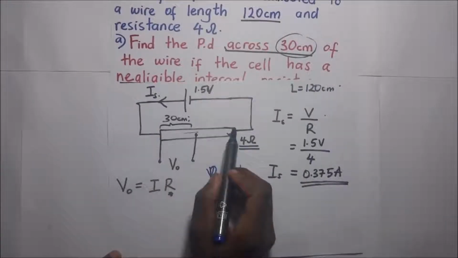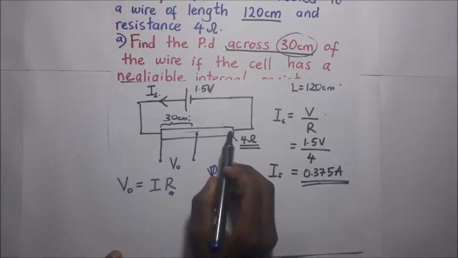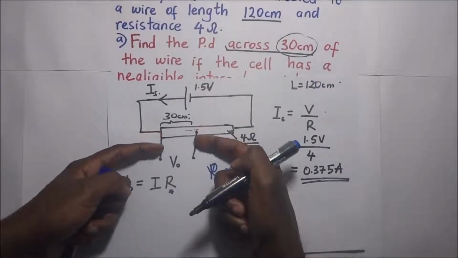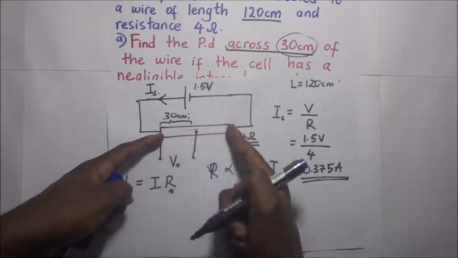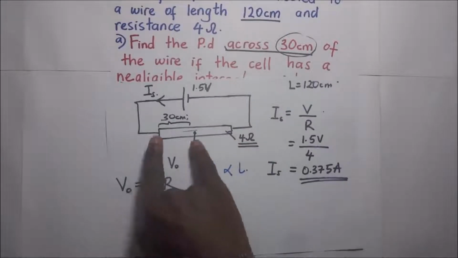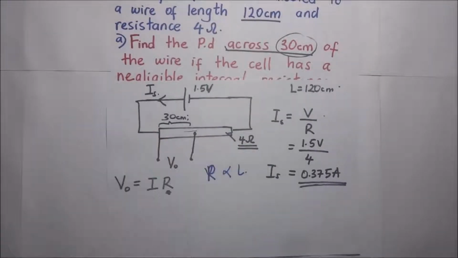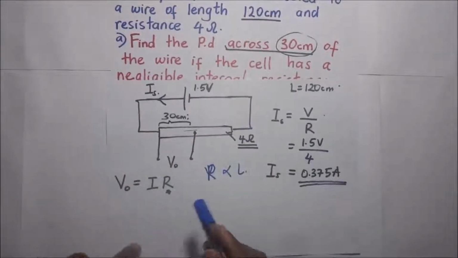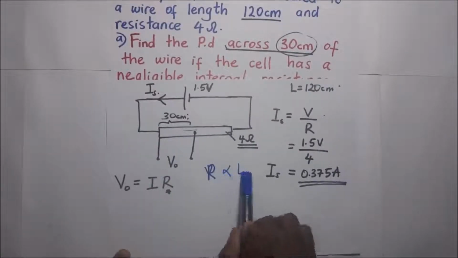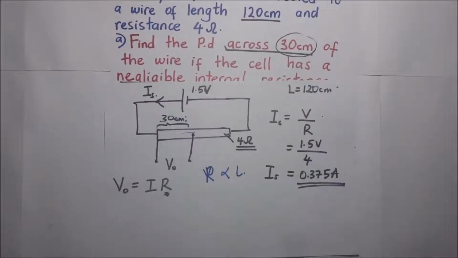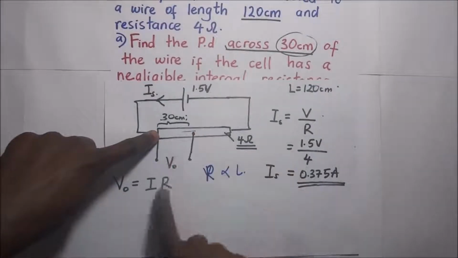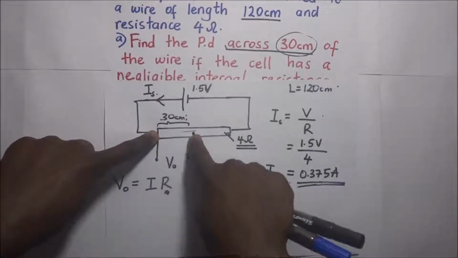Now the length of this whole thing is 120 centimeters, and we only need a portion of it, which is 30 centimeters. We have the resistance of the entire length, which is 4 ohms, but we do not know the resistance of that portion. Since the resistance of the wire is directly proportional to its length, we can find the corresponding resistance of that portion of the wire, because it's what we are interested in.